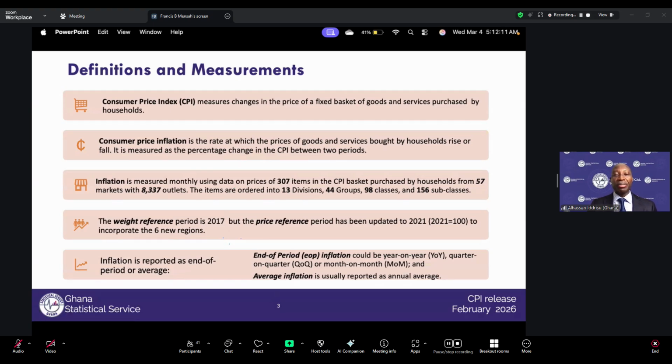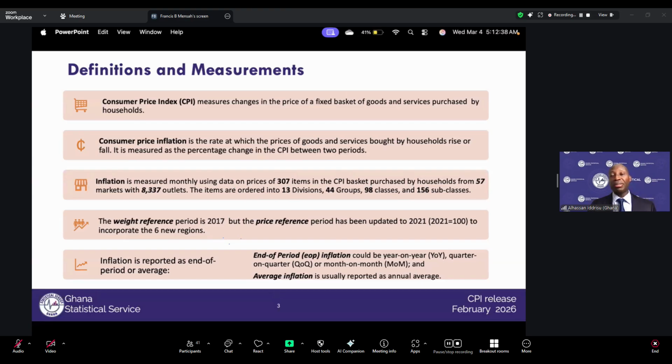Now, year-on-year inflation measures how prices have changed compared to the same month one year earlier. For example, February 2026 prices compared to February 2025 prices. Another term that I'll be using very often is month-on-month inflation, which measures how prices changed from the previous month.